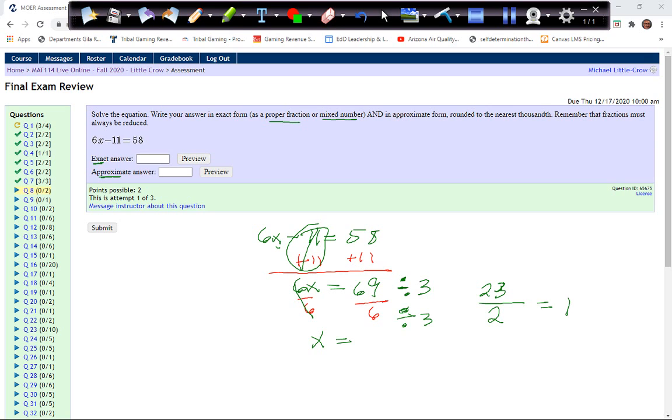This is going to go in 11 times with 1 left over, right? Because 11 times 2 is 22. So 23 minus 22 gives us 1 left over. So we have 11 and a half for the exact answer. And then you can turn 1/2 into a decimal. So the approximate answer will be 11.5.